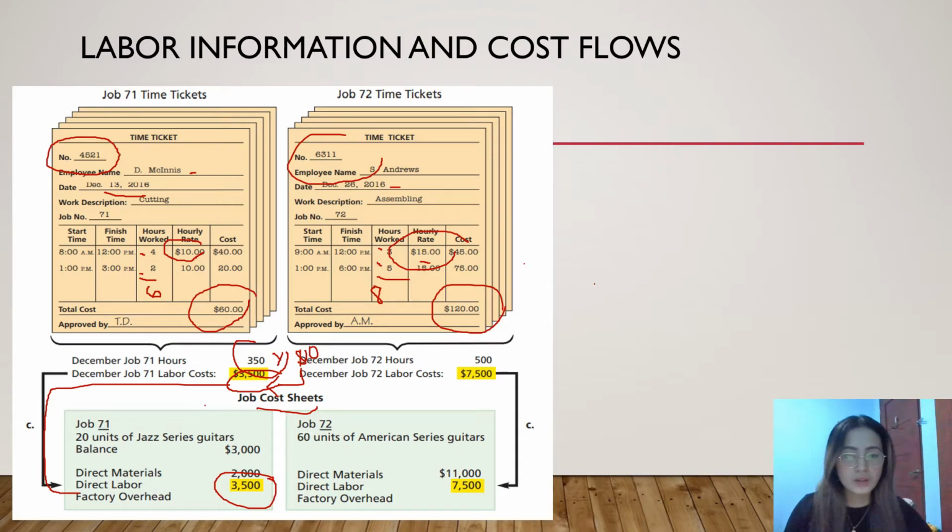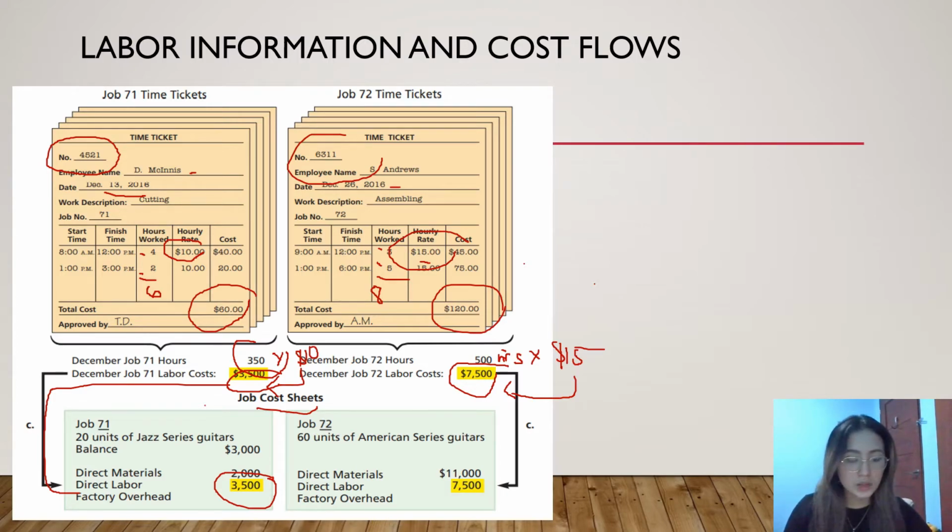A total of 500 hours was spent by employees on job 72 during December. So that's 500 hours times an hourly rate of $15, which would total a cost of $7,500.